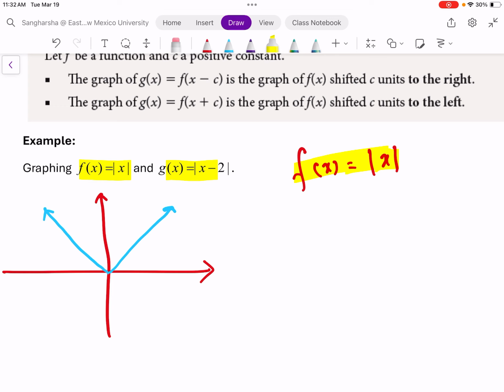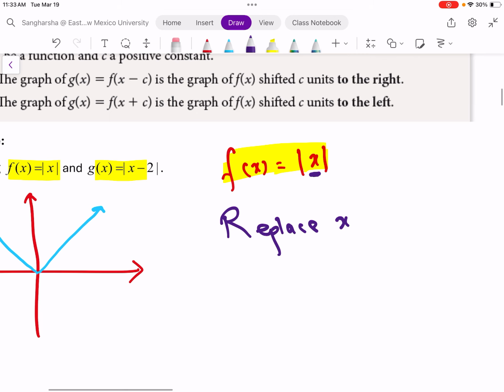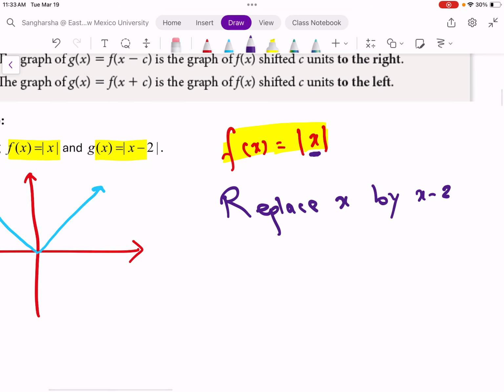So from this basic function, if we replace x by x minus 2, let's see what happens. We have f of x minus 2 equals absolute value of x minus 2, and absolute value of x minus 2 is the same as g of x.